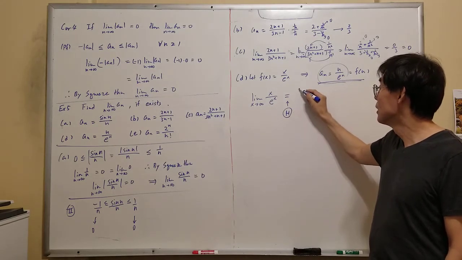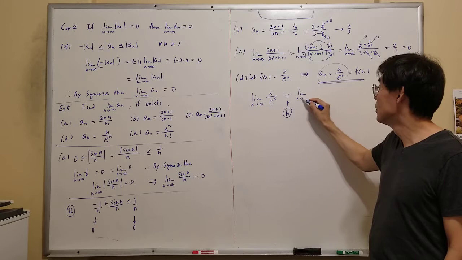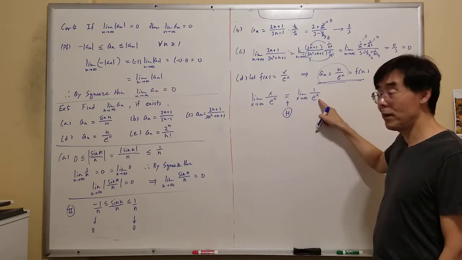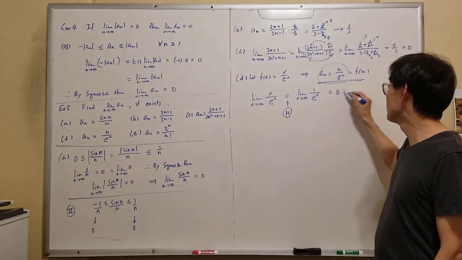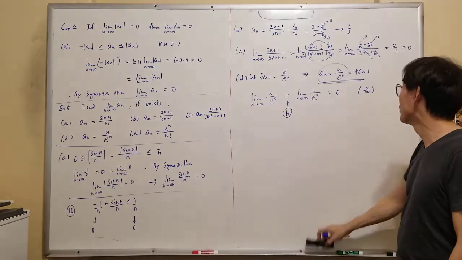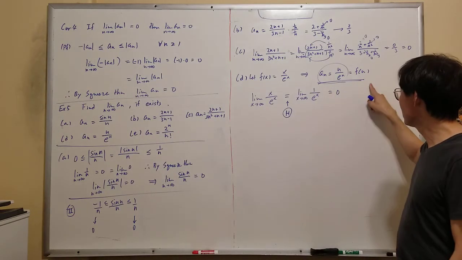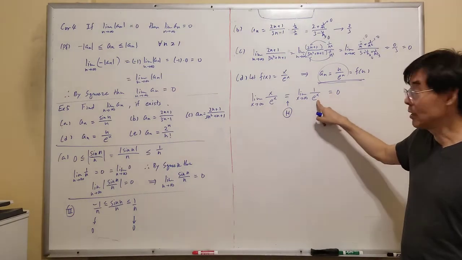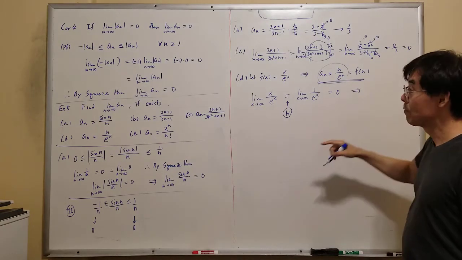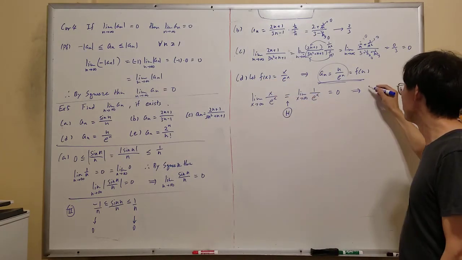So derivative 1, derivative of the denominator still e to the x: 1 over a very large number becomes 0. So a finite number over something getting larger and larger indefinitely is going to approach 0. Therefore, from the previous theorem, what was it?